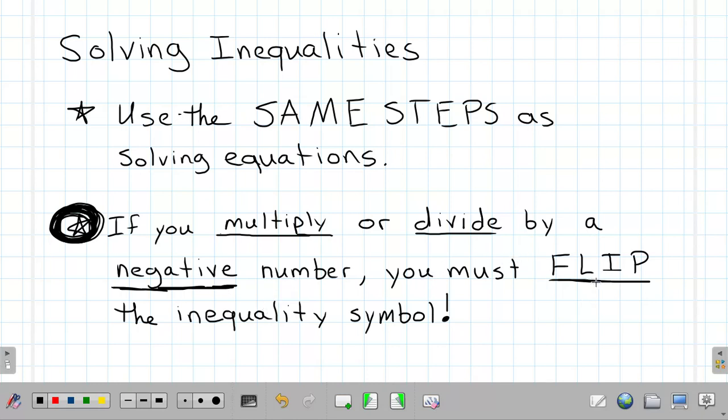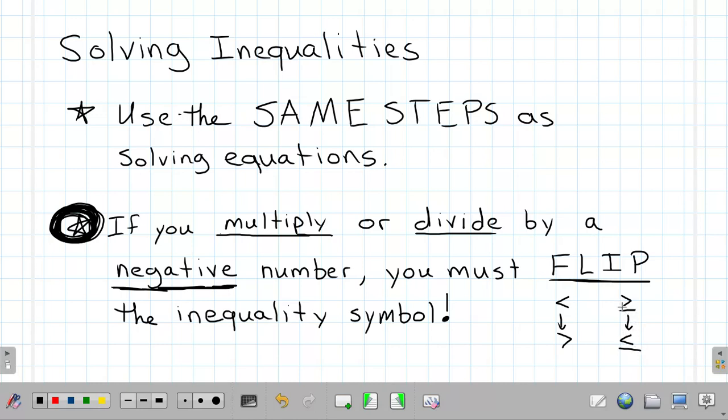So what do I mean by flip? Well, if the first symbol was a less than symbol, then to flip it, you've got to change it to a greater than symbol. You just basically flip it around. Same thing if it started out as a greater than or equal to symbol, then to flip it, you would have to change it to a less than or equal to symbol.